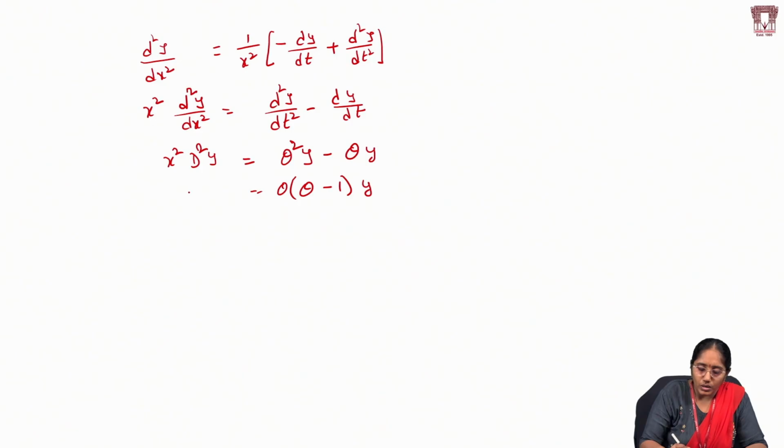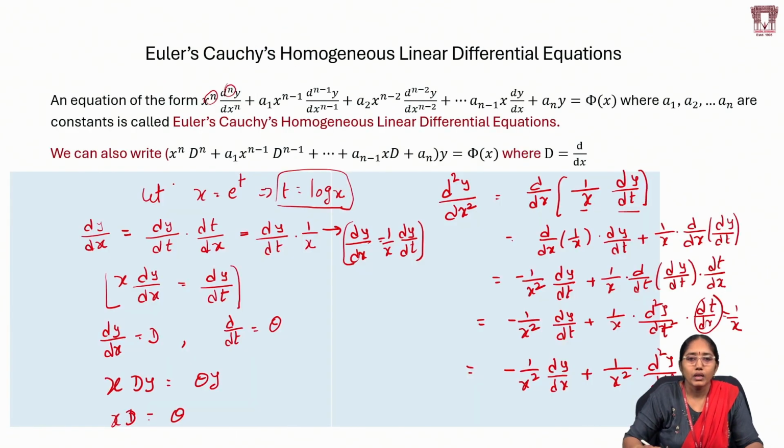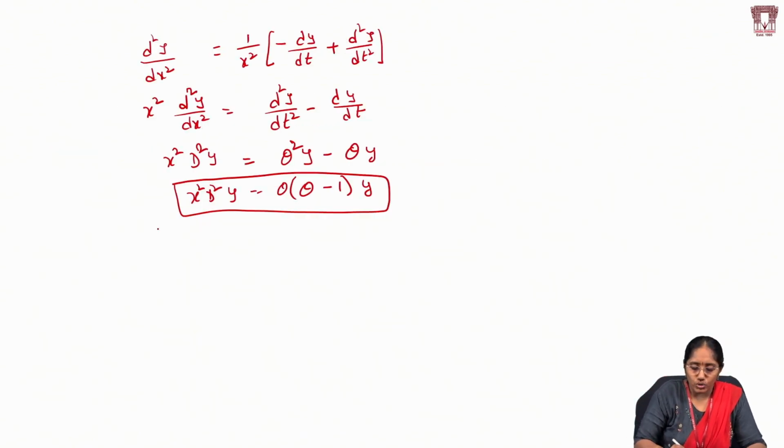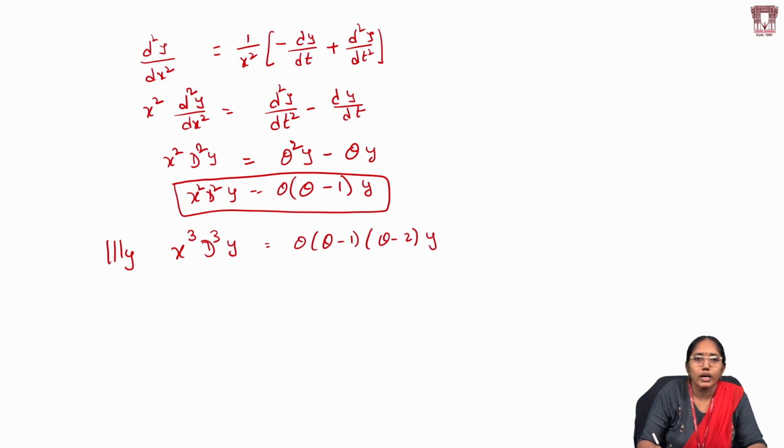As we observe in the previous slide, we replace x dy is equal to theta y, and x square d square y is replaced with theta into theta minus 1 into y, and similarly we replace x cube d cube y is equal to theta into theta minus 1 into theta minus 2 into y.